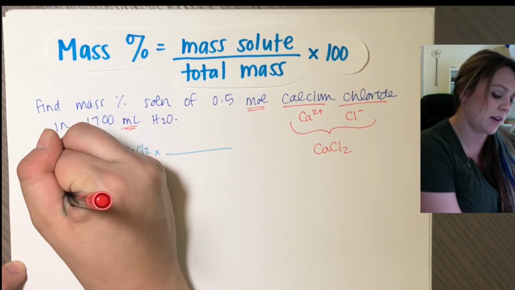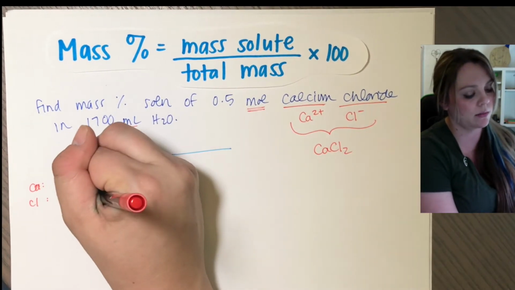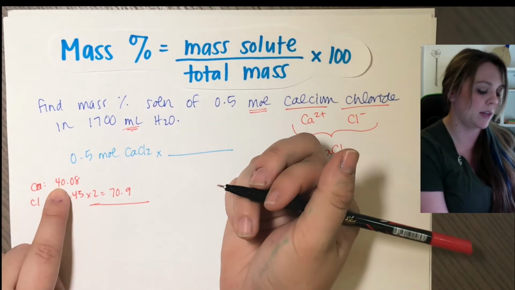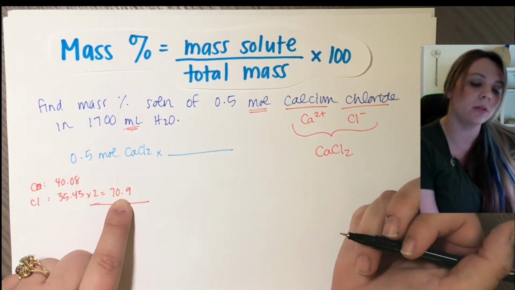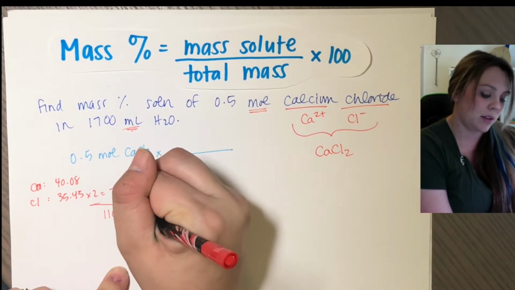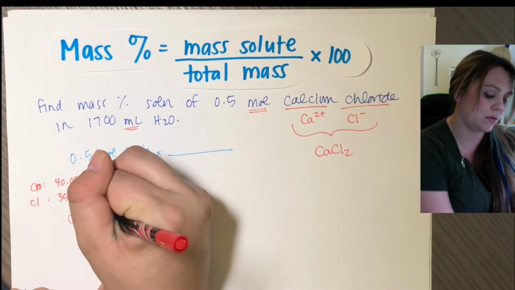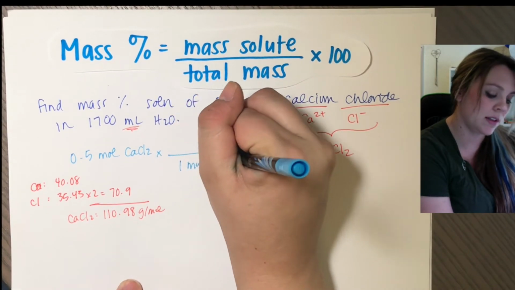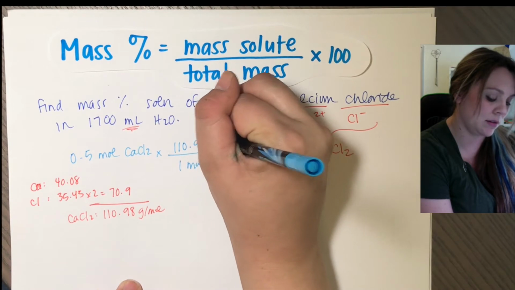Chlorine is 35.45. There's 2 chlorines, right? So times 2 is 70.9. So you're going to add up your 40.08 of the 1 calcium, 70.9 of the 2 chlorines, and you get 110.98 grams per mole for CaCl2. All right, so 1 mole of CaCl2 is 110.98 grams.